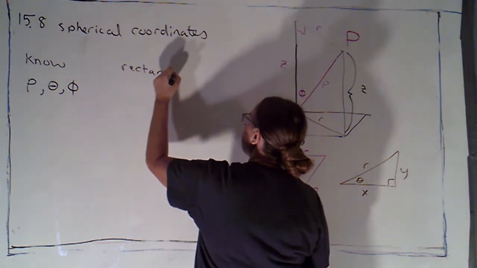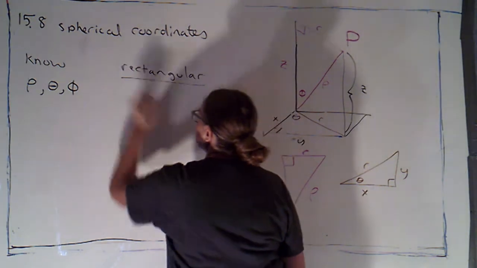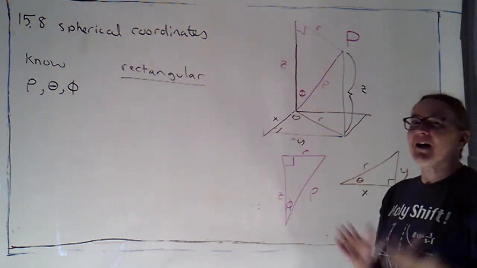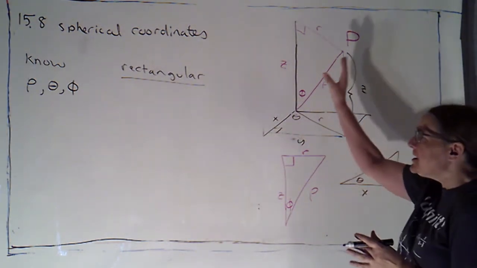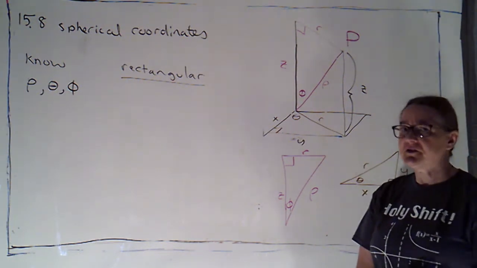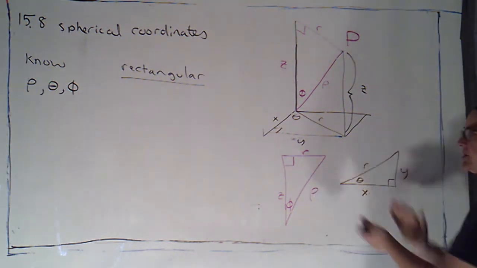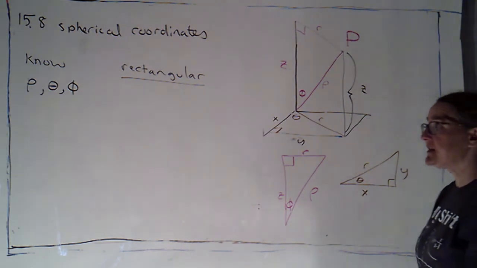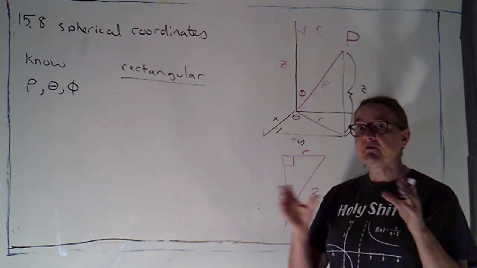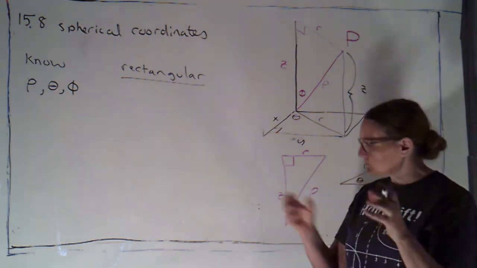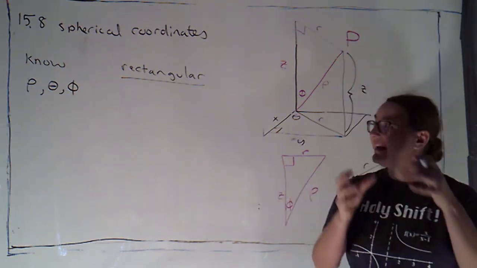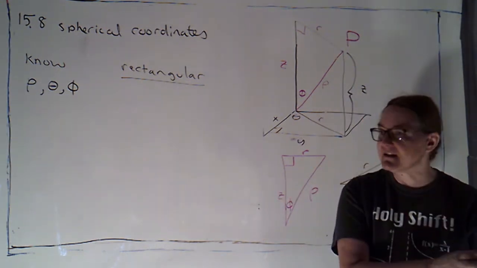So I want to get x, y, and z. I'm not going to go straight from spherical to rectangular, because I don't have a triangle for that. I'm going to take a detour. I'm going to go between rectangular and cylindrical and then spherical.